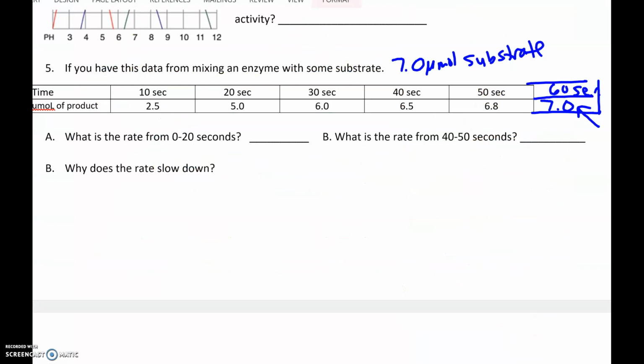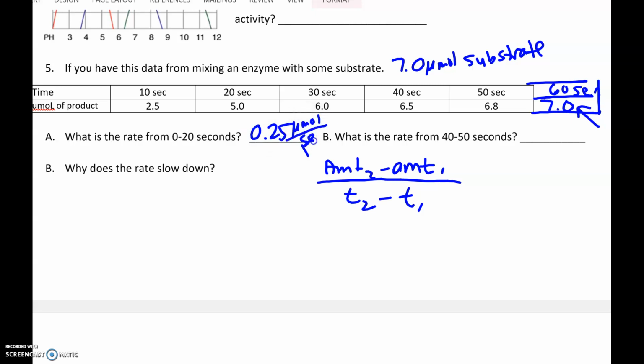So the rate, remember, for the test is going to be amount 2 minus amount 1 over time 2 minus time 1. For this one, it ends up being 0.25, and your units would be millimoles per second. And then for 40 to 50 seconds, it ends up being 0.03 millimoles per second.